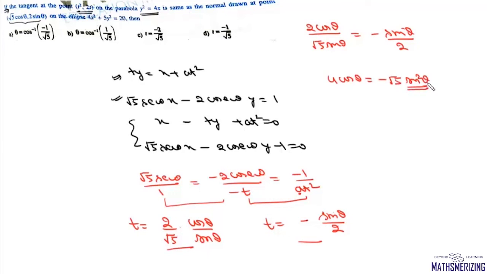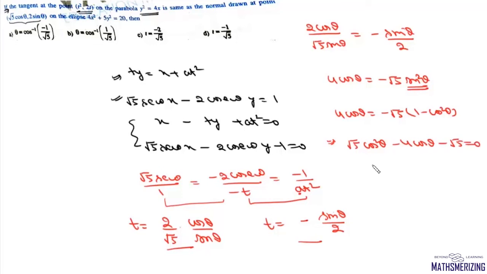We can write sine square theta as 1 minus cos square theta. So we'll write 4 cos theta equals minus under root 5 times (1 minus cos square theta). Now it has become a quadratic equation in cos theta. So it will be root 5 cos square theta minus 4 cos theta minus under root 5 equals 0.